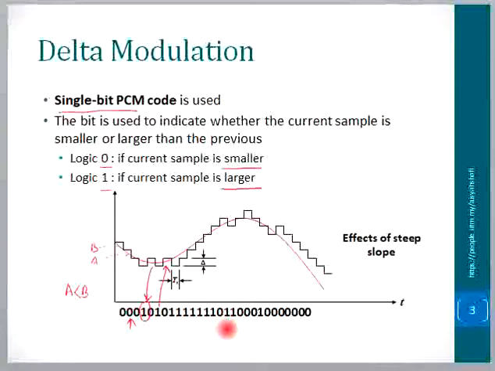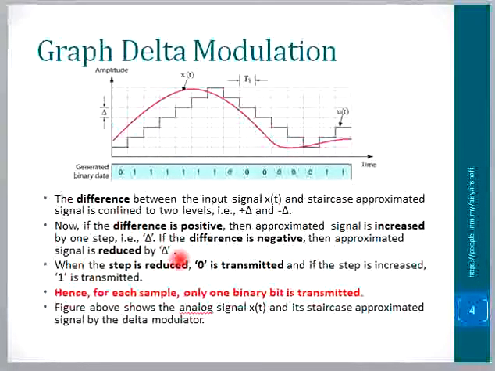So this bit shows the comparison to the previous value. As I explained before, this is the graph of delta modulation. You will have this binary data based on the comparison of the current value with the previous.